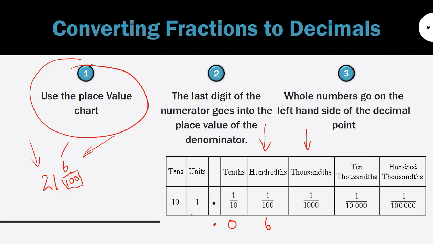Well, that is 2 tenths, so let's put the 2 there, and that's 1 one, so let's put the 1 in the units or the ones. So that number as a decimal would be 21.06. So using one of these is incredibly important and useful when you are converting fractions that have a power of 10 as a denominator and turning them into decimals.